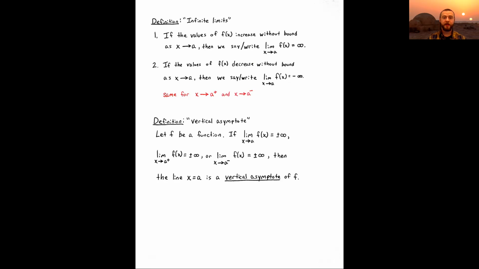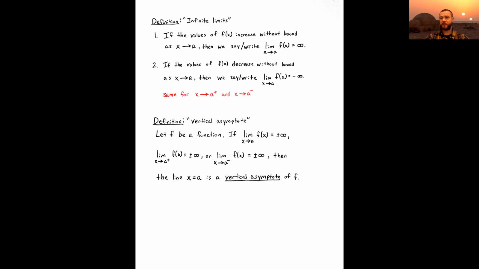So if we have a function here, we'll be boring and call it f of x, and if any of these three different limits equals positive or negative infinity, either the limit as x approaches a, that's two-sided, the limit as x approaches a from the right, or the limit as x approaches a from the left of that function, if any of those limits are positive or negative infinity, if the function increases or decreases without bound, then graphically, the vertical line x equals a, recall that's the equation of a vertical line, x equals a number, then that line x equals a is a vertical asymptote.